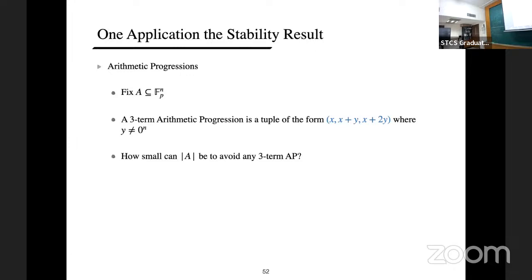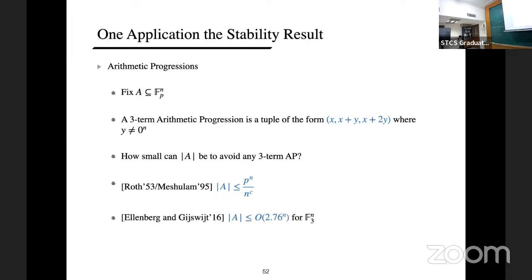And we are interested in how small A can be to avoid any three-term arithmetic progression. And Roth and Meshulam show that the size of A has to be at most p to the n over n or so. As soon as you have a subset of size larger than this, it has to have at least one non-trivial AP. And recently, Ellenberg and Gijswijt improved this to an exponential bound, with base about 2.76.